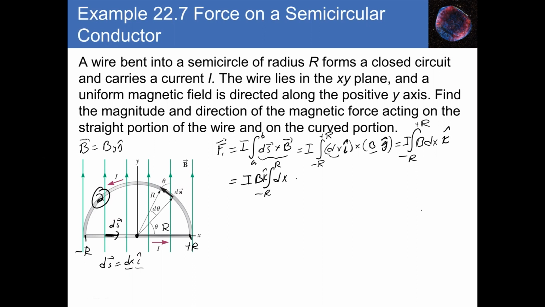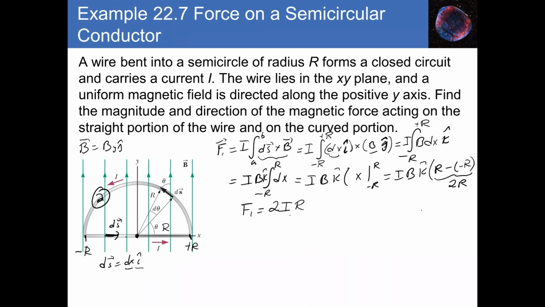So I, B, k hat, and if I'm integrating that, that's basically just x, from negative R to R. So then I have I B k hat times R minus negative R. You can see that the force for segment 1 is nothing but 2 times the current times R, because R minus negative R gives you 2R.